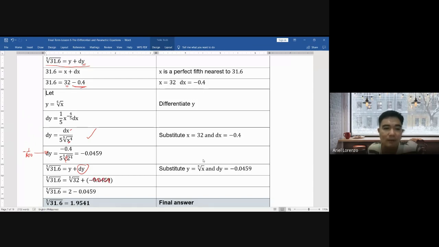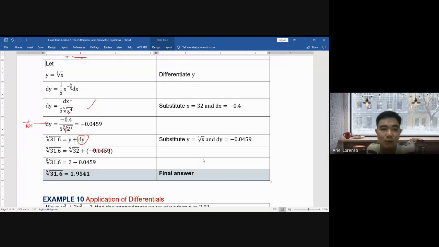And then, balik ka na dun sa given, class. Y plus dy daw ng fifth root of 31.6, wherein ang y natin is fifth root of x, wherein our x is 32, plus our dy which is negative 1 all over 200. So fifth root of 32 is 2, and then minus the negative 1 all over 200.